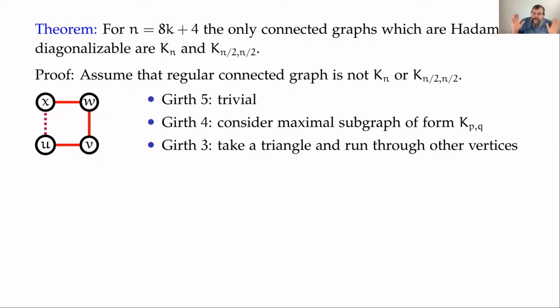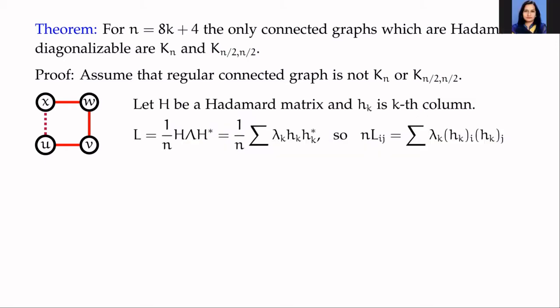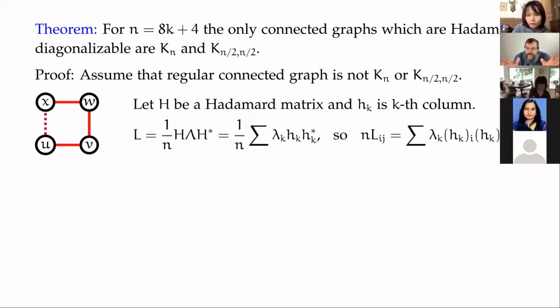Okay, so that's the hard part of the proof. Now, the rest of the proof. So we have our nice graph. We know that there's a path, and we know it's Hadamard diagonalizable. So we start with our Hadamard matrix. We'll let H_k be the kth column.